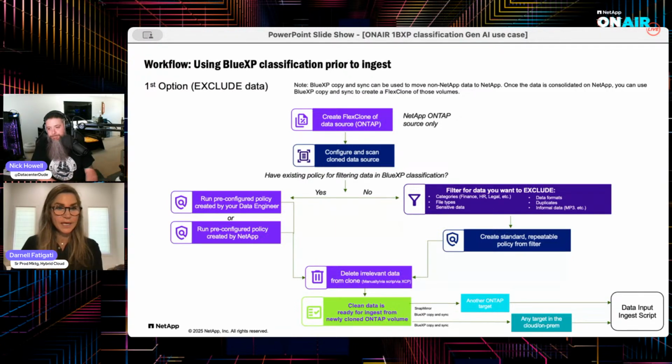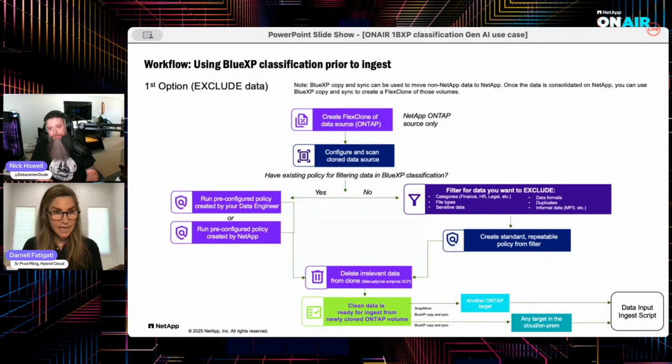And then once you create a clone, manipulate that, including permanently deleting things, you're left with a clone that is clean data that's ready for ingest from that newly cloned ONTAP volume. Then you can move it to wherever you need to, so you can use that volume as your data set for ingest. So here, what we're saying is you're creating the clone.